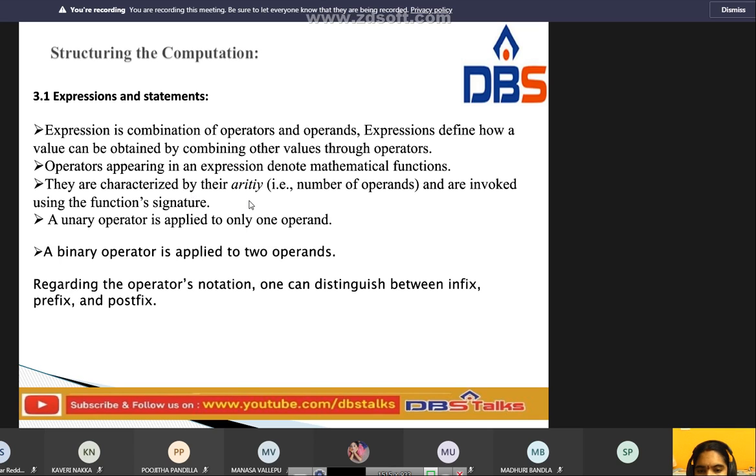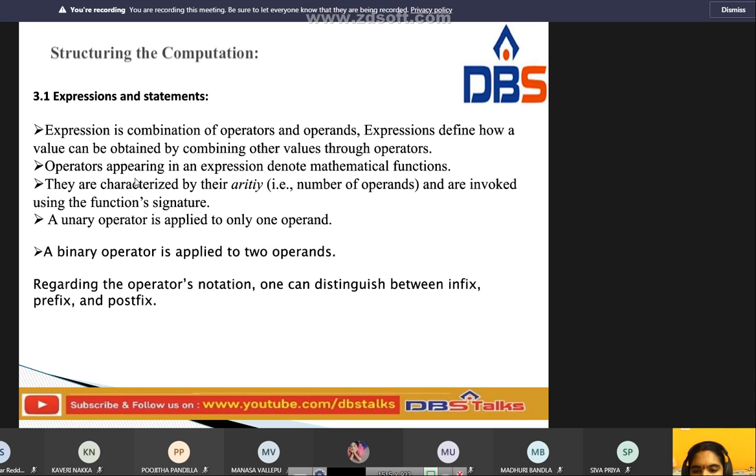They are characterized by their arity. Arity means the number of operands, and they are invoked using the function signature.